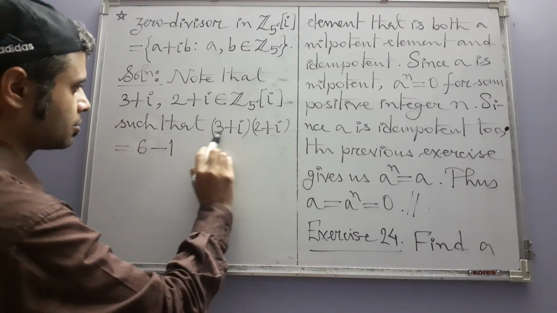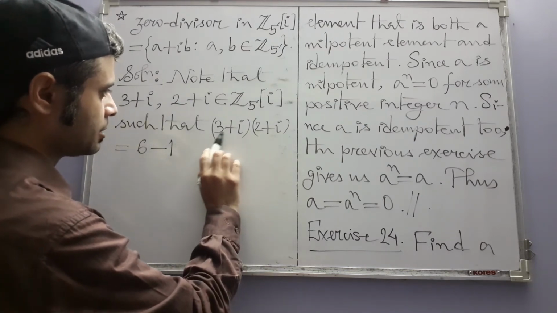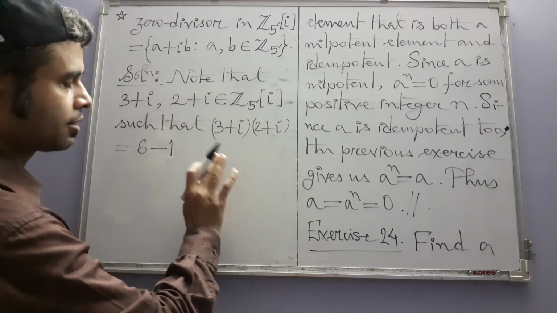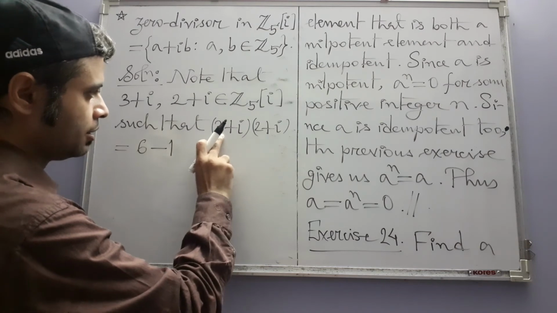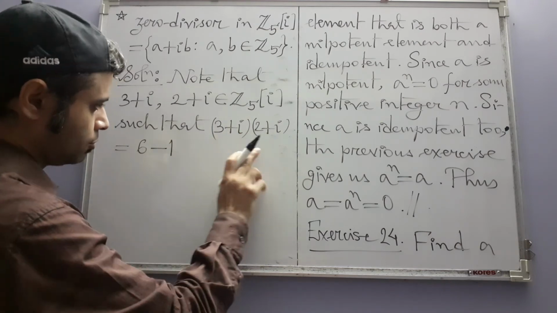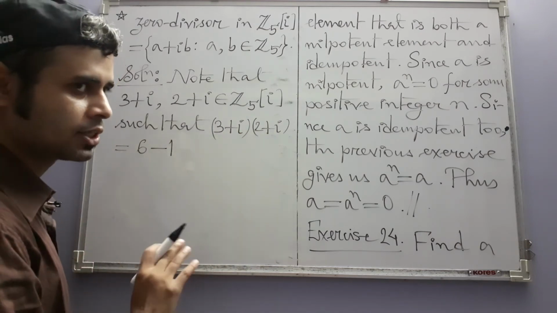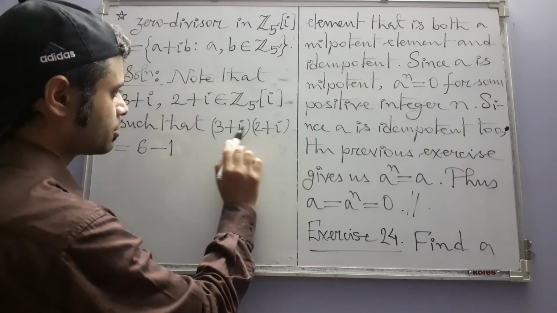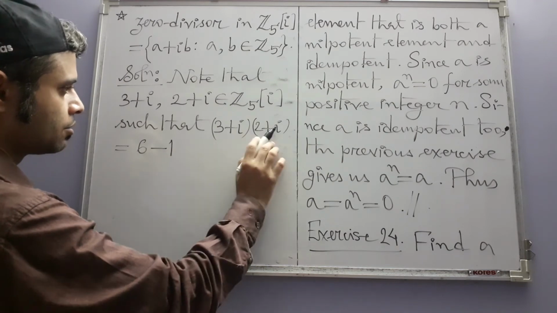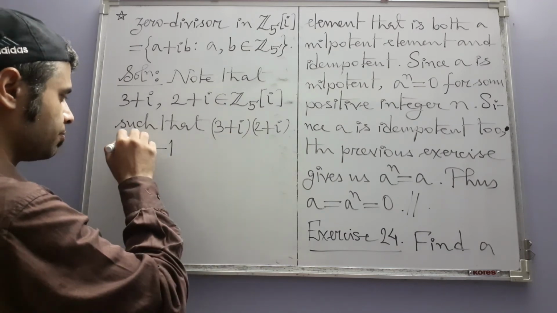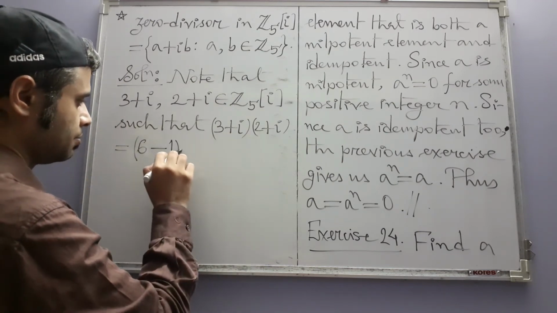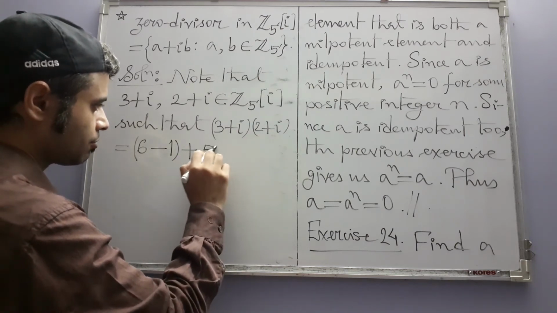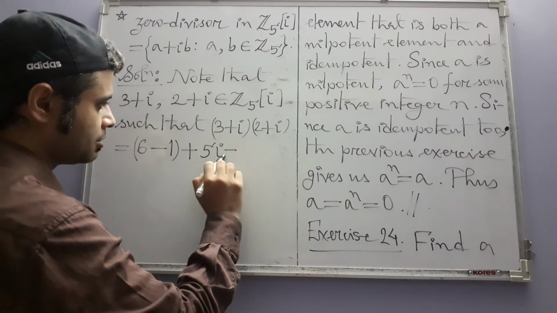Although the things that we see here, if we call them real and imaginary parts just for the sake of explanation, the rule for multiplication is the same, just like you ordinarily multiply complex numbers. So 3 times 2 is 6 plus i squared is minus 1, so this is 6 minus 1, and 3i plus 2i is 5i.